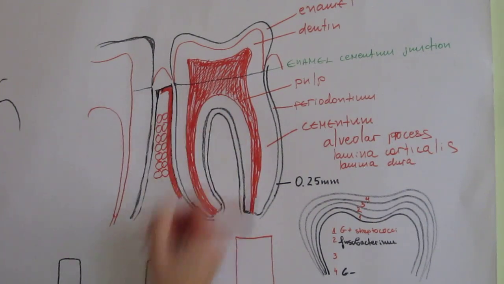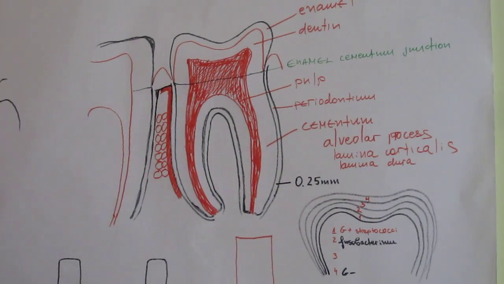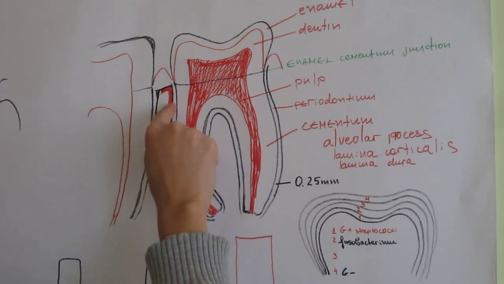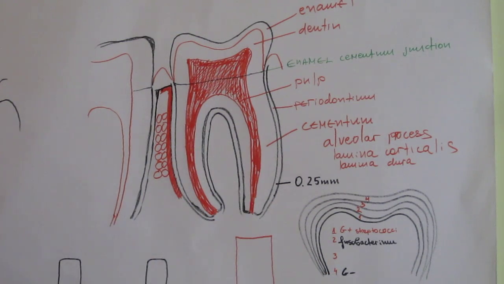This cortical part is called lamina corticalis. Also, lamina dura looks like a very thick radiopaque line on the X-ray, and this thick line has more inorganic part in itself.